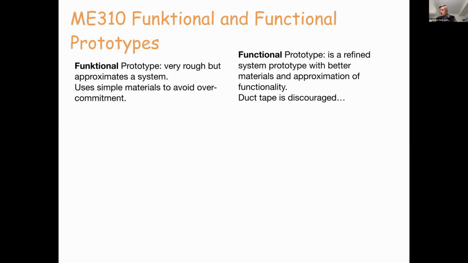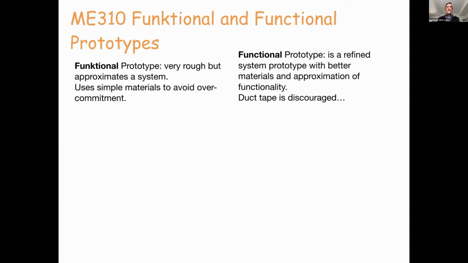Once you've done critical function prototypes and you're starting to move a little along the design, you have to do a system level prototype. This is something that our ME310 students will be needing to do in winter quarter. And we have 2 stages of that. We have functional with a K, funky, and we have a more regular one.